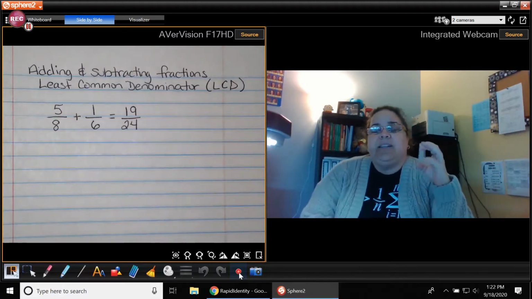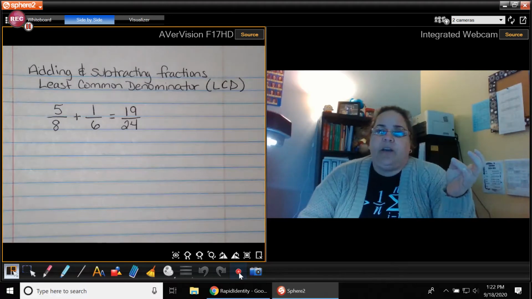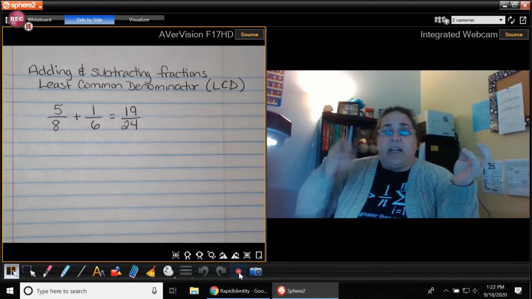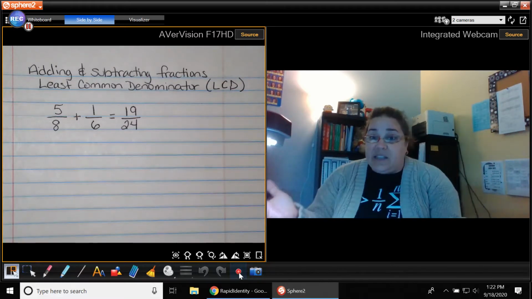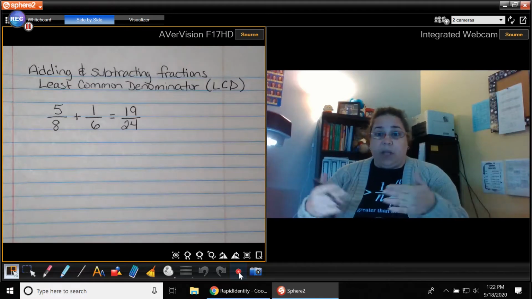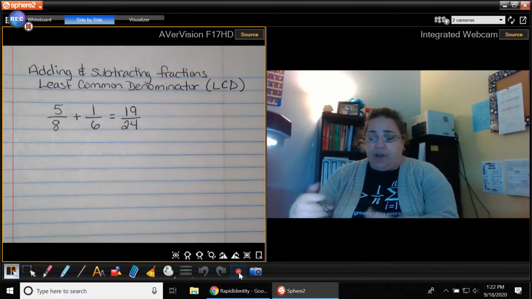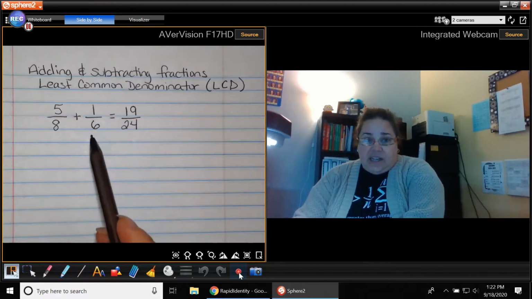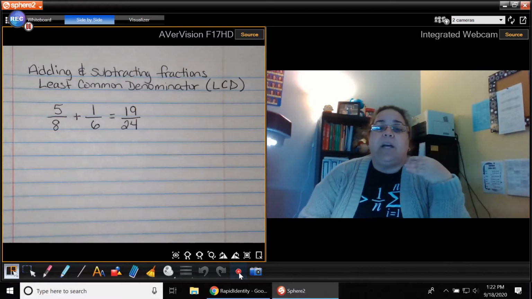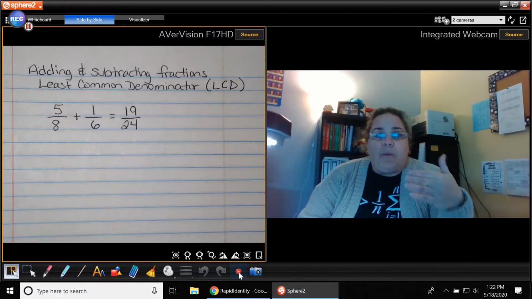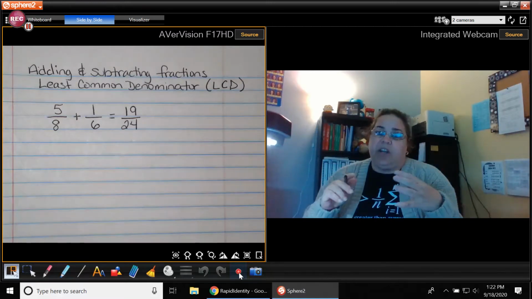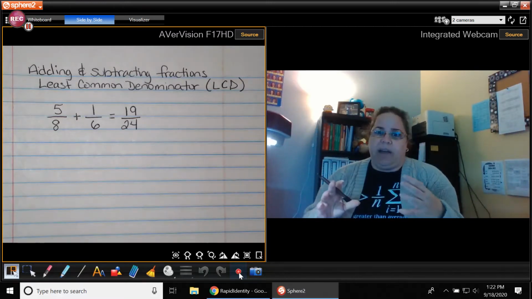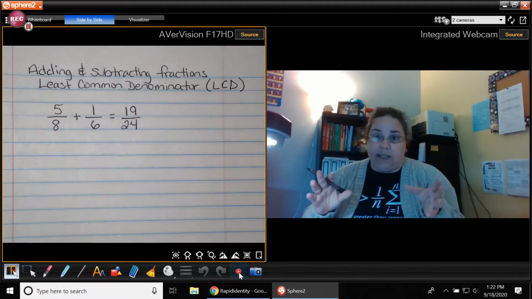Okay, so some of you might have learned in 4th and 5th grade that the easiest way to get a common denominator is to multiply the two different denominators together. So if I multiplied 6 and 8, okay? But the problem with doing that is that you're going to get very big numbers in your fractions, and you're almost always going to have to simplify your fractions a lot.